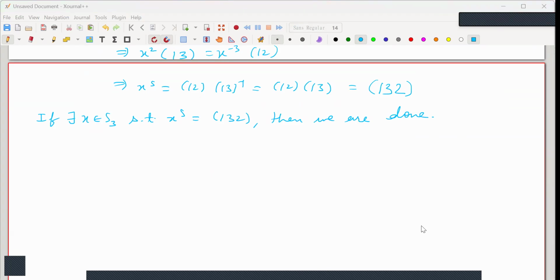So if x5 is equal to 132 for any x, then with that x and our chosen y, z, w, we are done, right? So can you tell me any x inside S3 for which x5 is equal to 132?